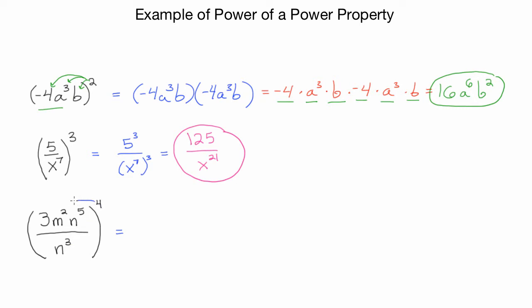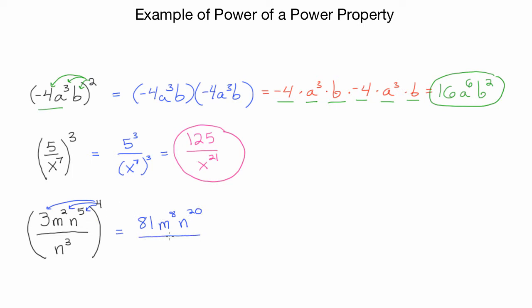So, 3 to the 4th power is 81. M squared is also to the 4th power, so m squared to the 4th is a power of a power property, so I do 2 times 4, which turns it into m to the 8th. There's 4 groups of 2 m's. Now that 4th power also affects the n to the 5th, with 4 groups of them gives me n to the 20th power. 4 times 5 is 20.